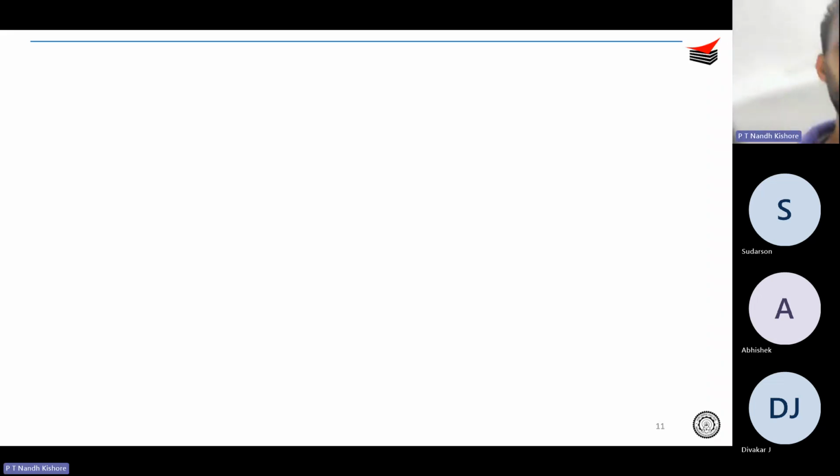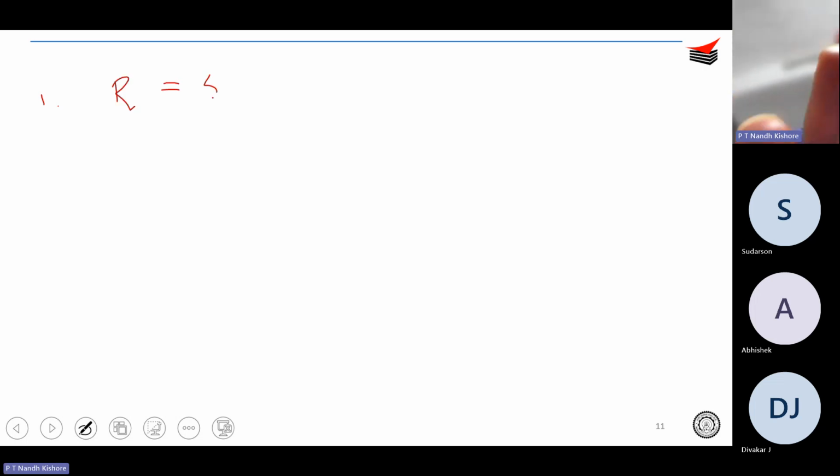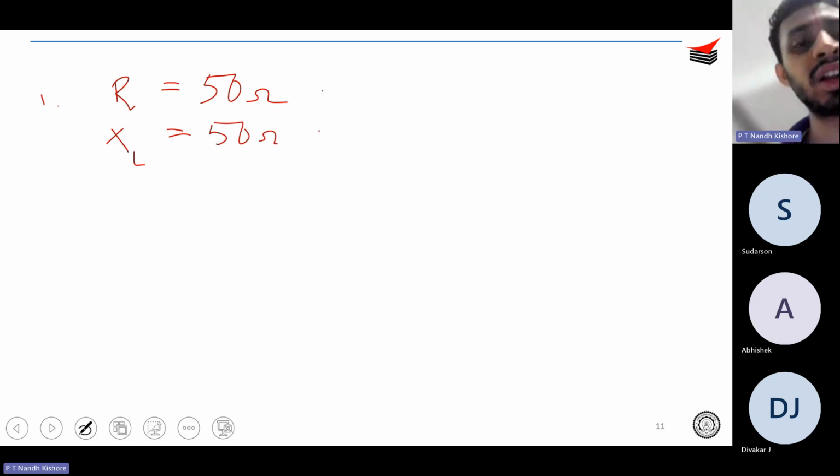Let me call this problem number 1. You have a load with an inductive load of 50 ohms and an R of 50 ohms as well.